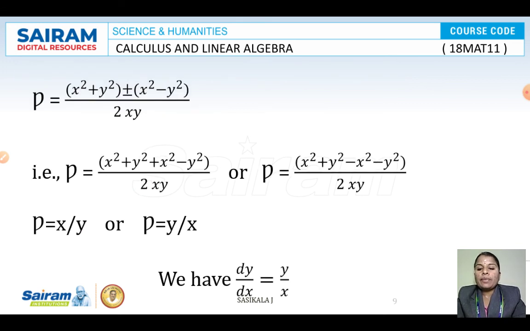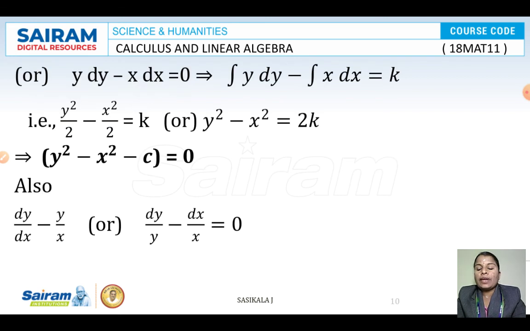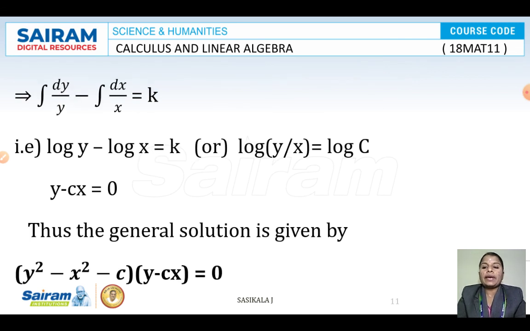dy by dx minus y by x, the second one, is equal to 0. You can write it as dy by y minus dx by x. So integrate, it will become log y minus log x is equal to 0. That is nothing but log of y by x, by using the formula of log of a by b, which is equal to log c. On both sides, why I have considered log c is because log is there here also.